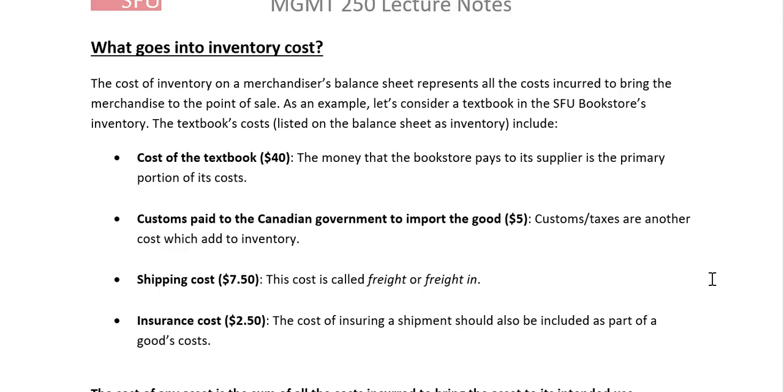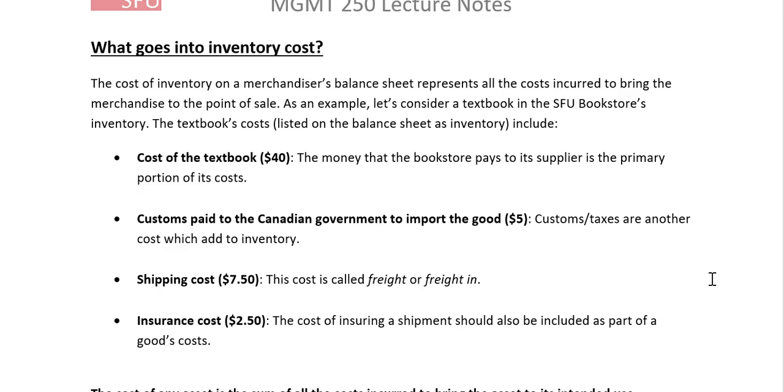As an example, let's consider a textbook in the SFU bookstore's inventory. The textbook cost listed on the balance sheet as inventory includes, first and foremost, the most obvious one, the cost of the textbook of $40. The money that the bookstore pays to its supplier is the primary portion of its cost.